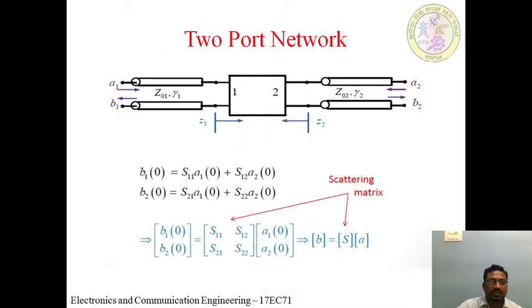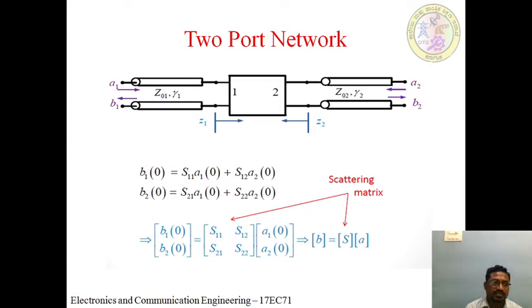Then coming to the two-port network. In this two-port network, it's a 4-terminal device with an input port and an output port. At the input port, consider the voltage V1, and at the output port consider the voltage V2, and the input current you have to consider I1 and the output current you have to consider I2.